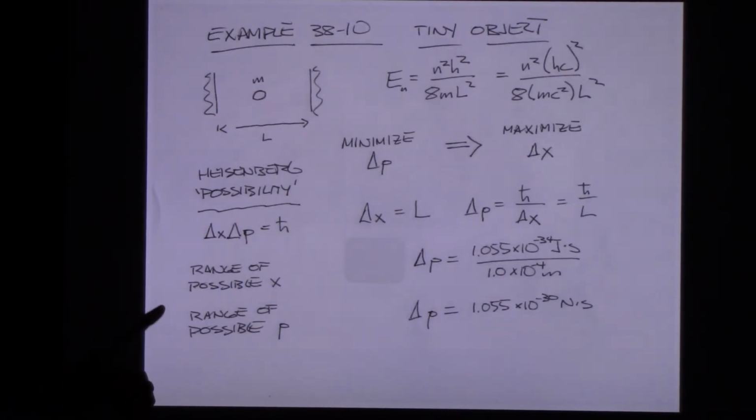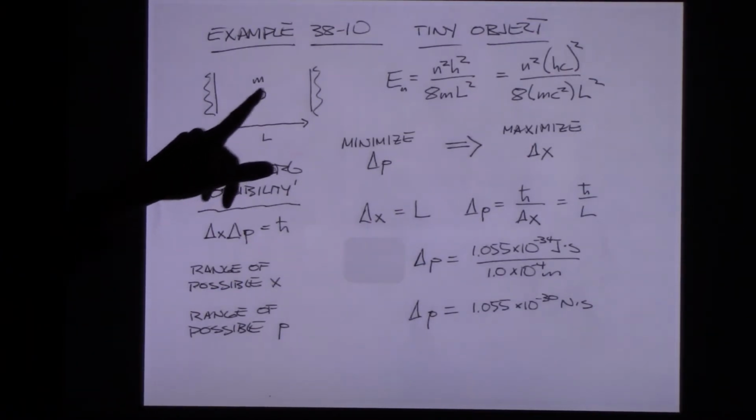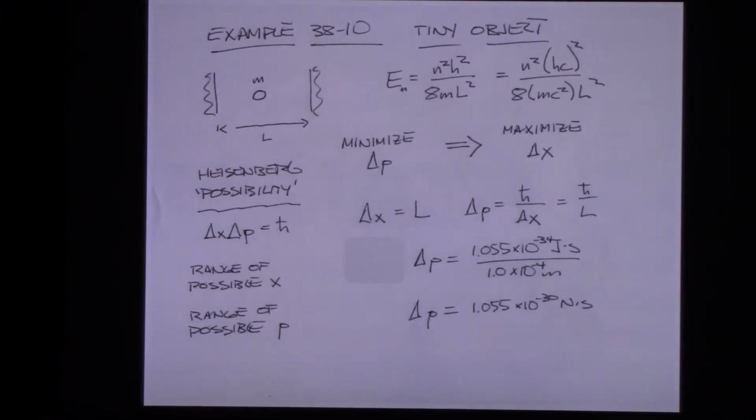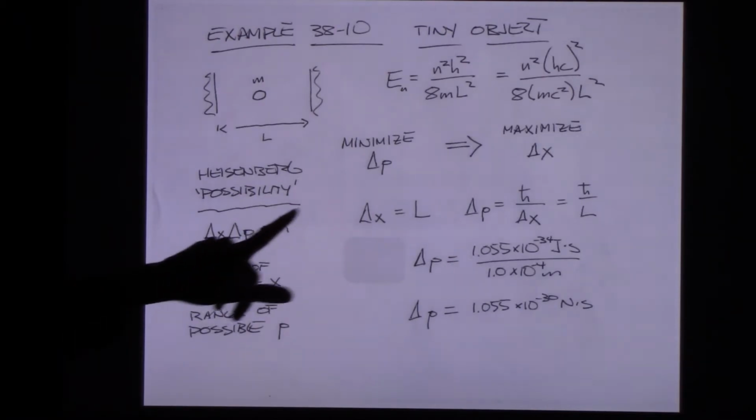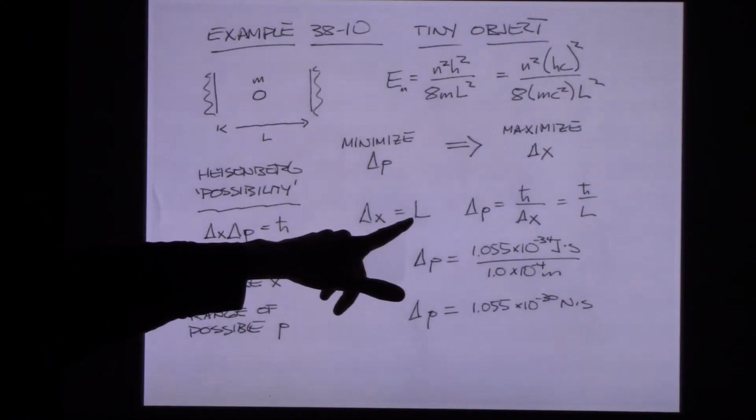If we want to use a wave function to represent the bacteria and allow the bacteria to be at any possible location, we could say that delta x is equal to L.